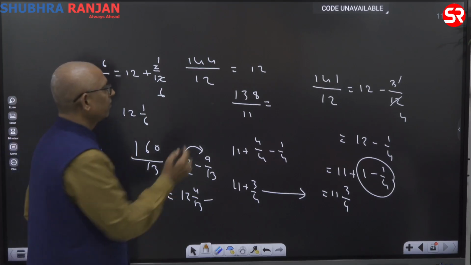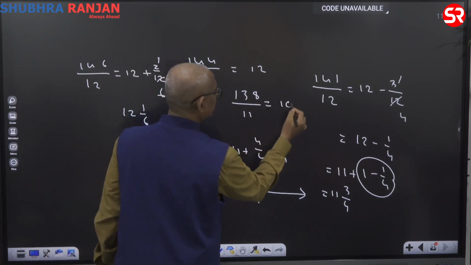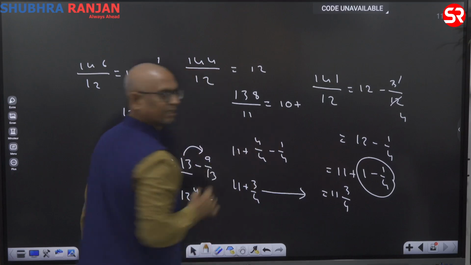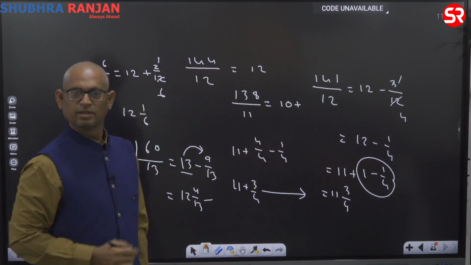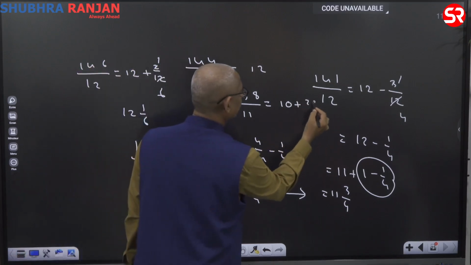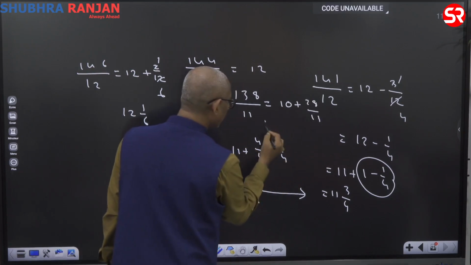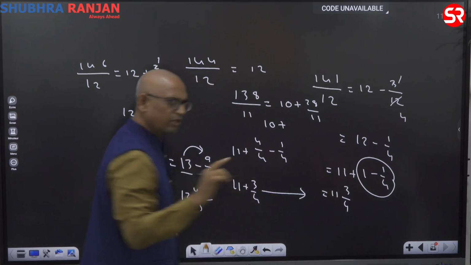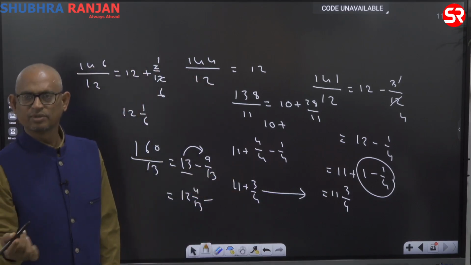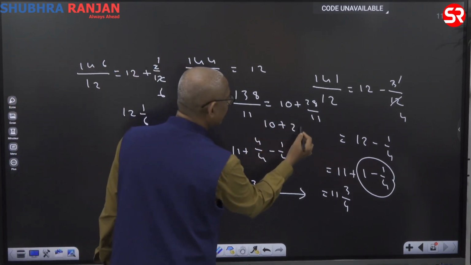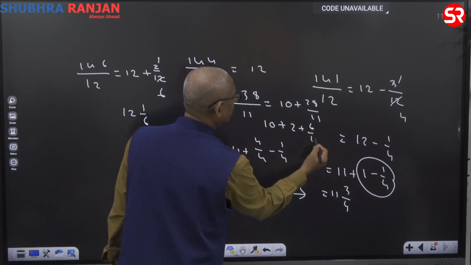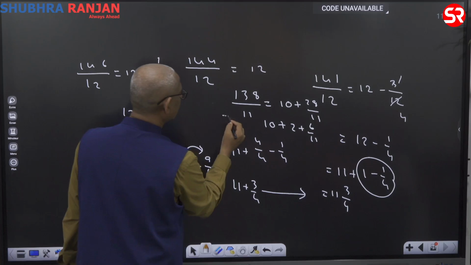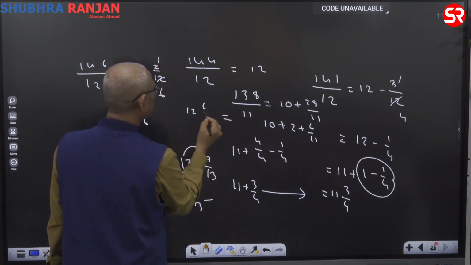Simply, 11 tens is how much? 110. What is remaining? Write 28 by 11. Then again go 10 plus, you know 11 twos, right? What is 11 twos? 22. What is the remainder? 6 by 11. So the answer is 12, 6 by 11.